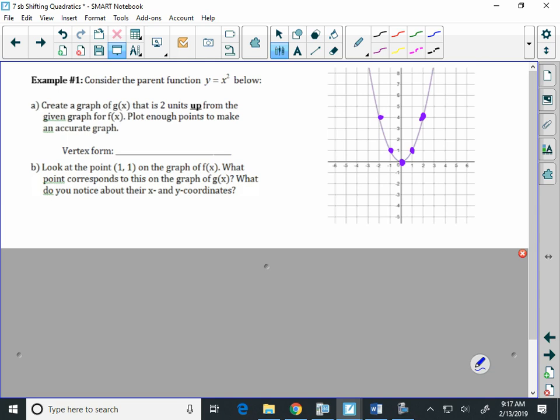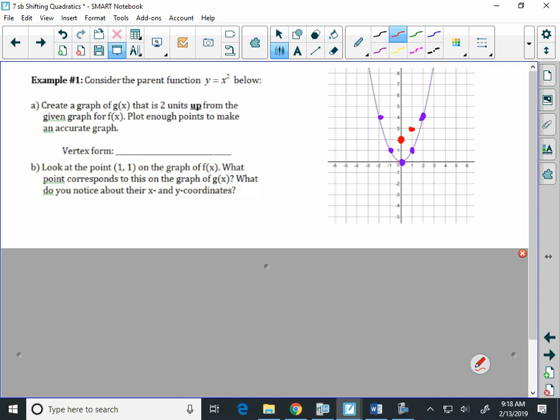Just to pick out a couple of points to work with, because our first idea here is to move our graph up 2 spaces. So we're going to take the vertex and move it up 2 spaces. So now we're at this point here. We're going to do the same thing to all of those other points that we just put on. So (1, 1) is going to move up 2 spaces.